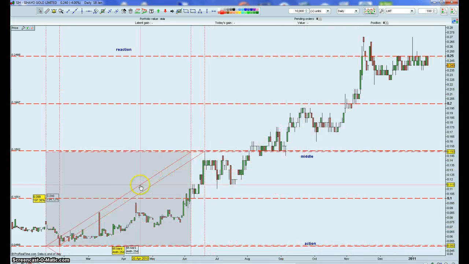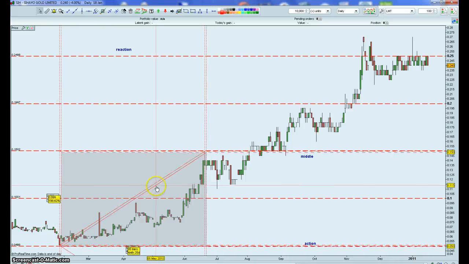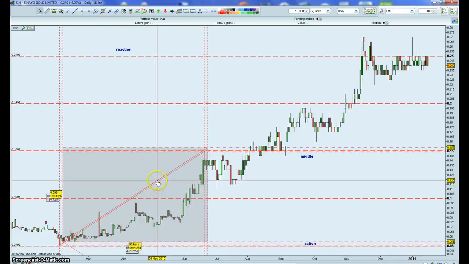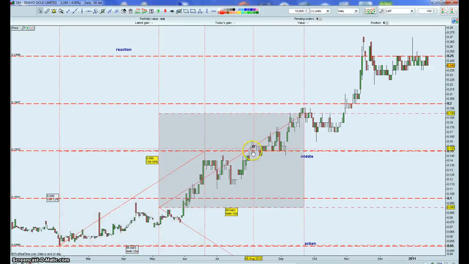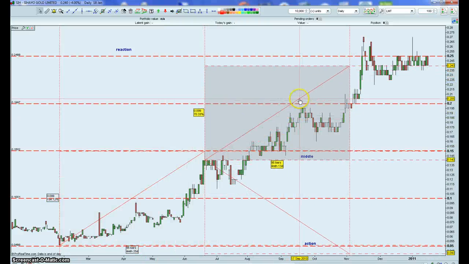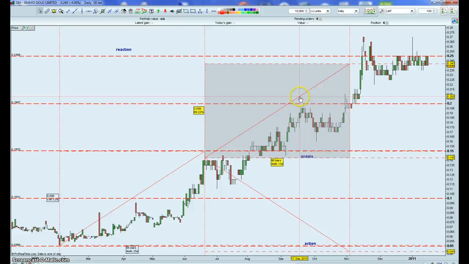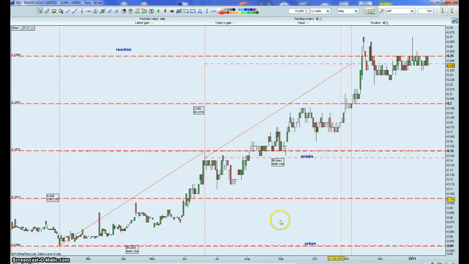And what I'm doing here is getting the distance between the action line down here and the middle line, and then repeating that time, creating a time back to there. So between this pivot and this pivot, we've got this period here, and if we repeat that period, what do you know?